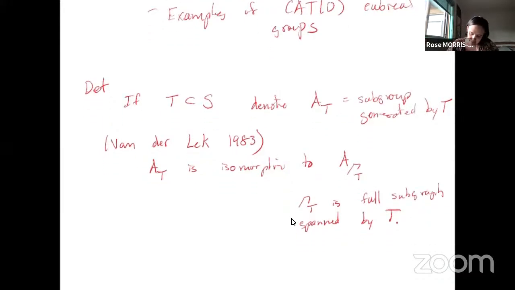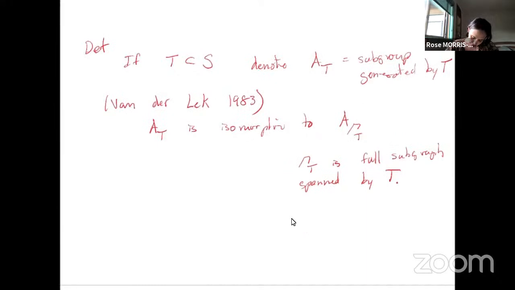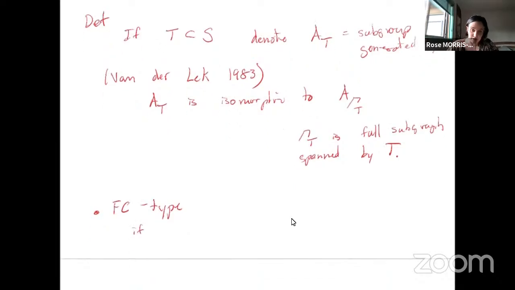And then once we have this notation, we can define a third type of Artin group, which is FC type. So an Artin group is FC type if all complete subgraphs, so all cliques, all subgraphs where I have edges between all of the vertices, generate finite type subgroups.